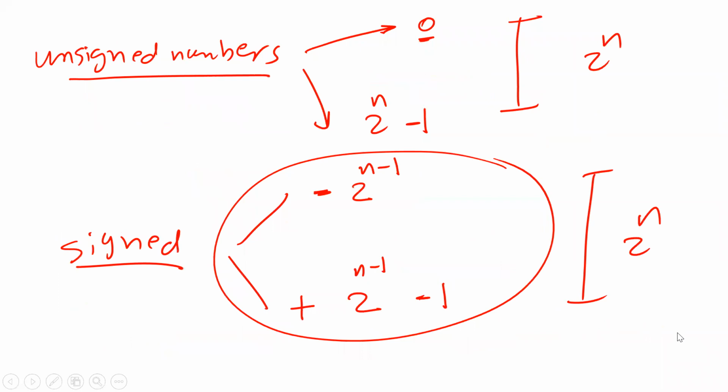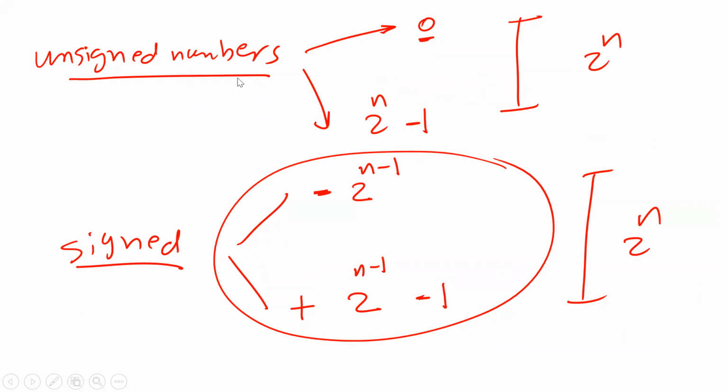Now, this is the interesting part. Look here. If your number is unsigned, for n bits in total we have 2 to the power n numbers. What is the minimum and maximum number you can represent in any unsigned number?